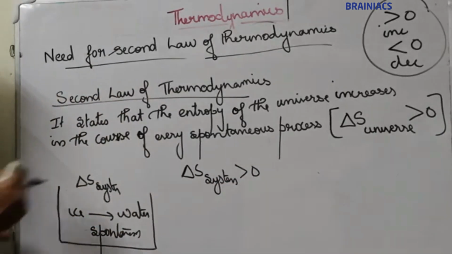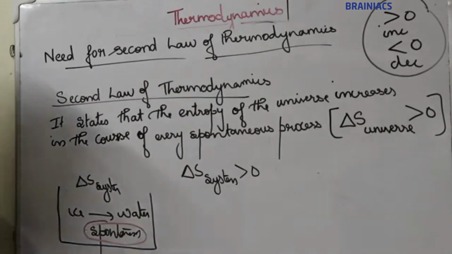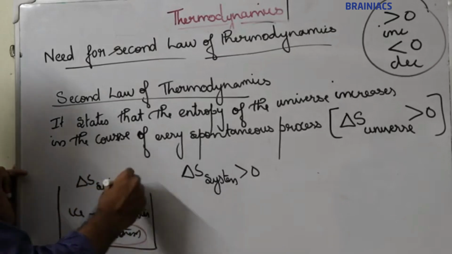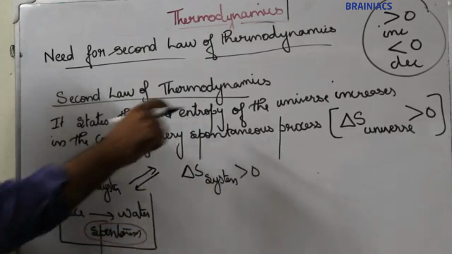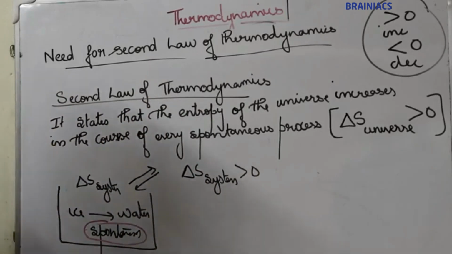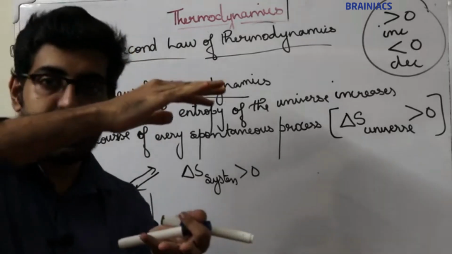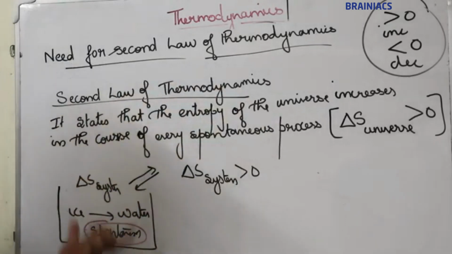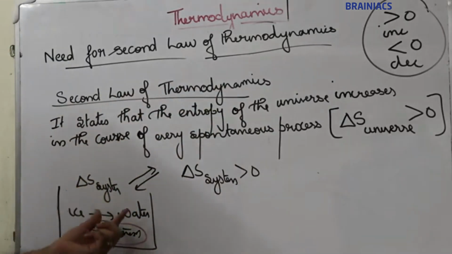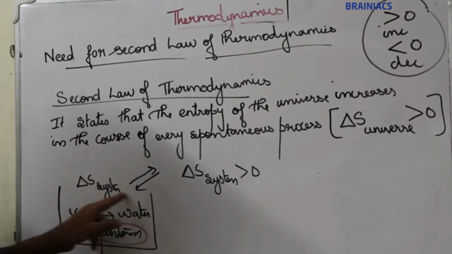But here, system and surrounding are in contact with each other. In the previous case, we considered an isolated system, so in that isolated system, entropy increases during a spontaneous process. But here, we are taking an open system. When ice converts to water, the process is spontaneous, so the entropy of the system increases.